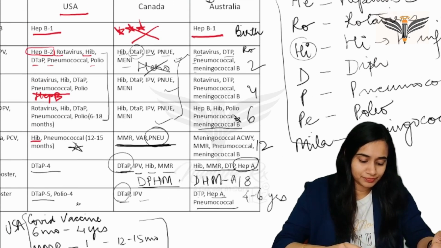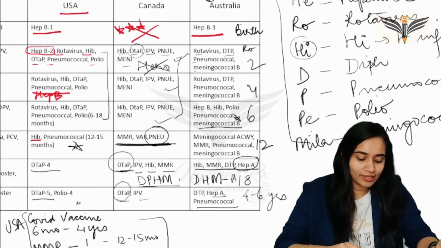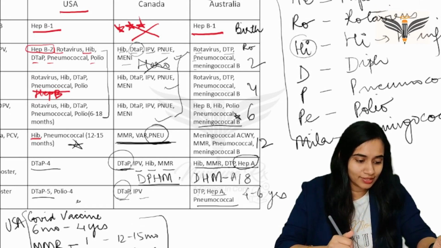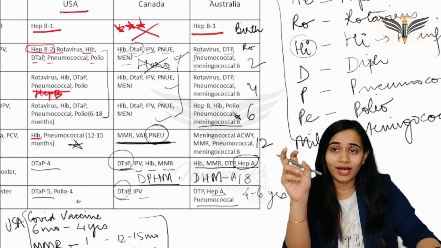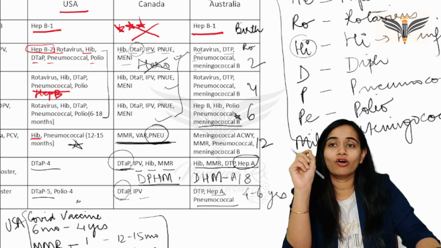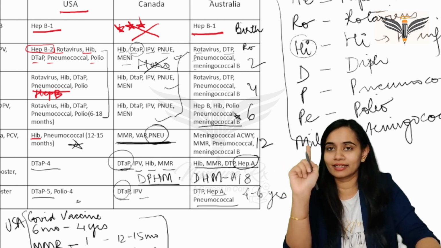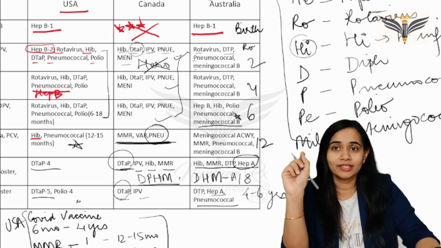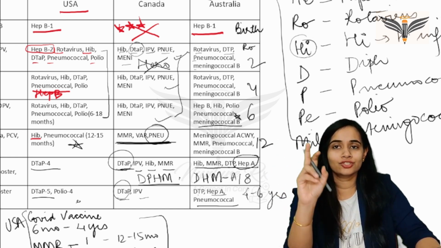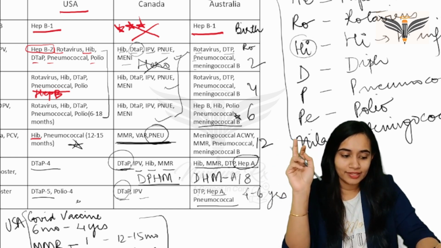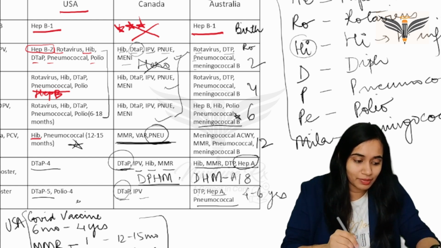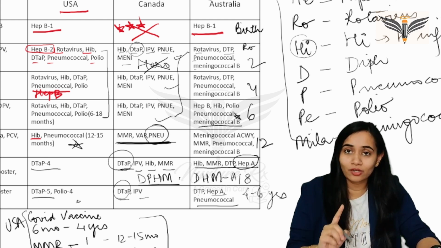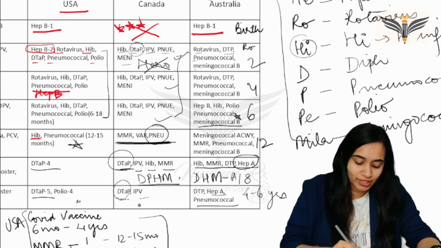Now coming to Canada. So Canada, apart from all these vaccines, not hepatitis, HPV vaccine is given to females of 9 to 13 years of age, single dose. HPV vaccine, 9 to 13 years of age, only female candidates, right? And we have seen in Canada this 4 to 6 years, apart from this 4 to 6 years, this DTP dose and meningococcal dose is given at 14 to 16 years.